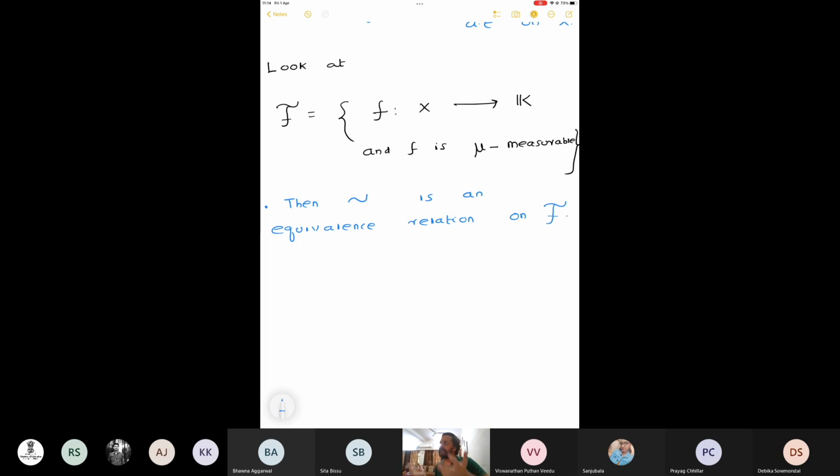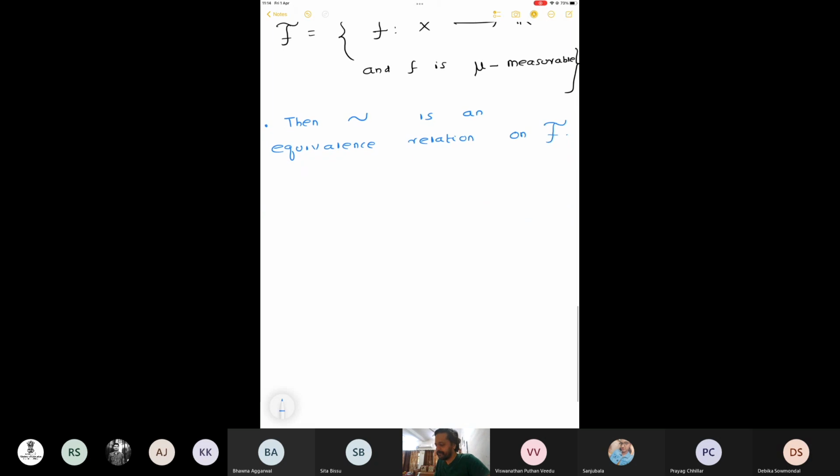Now comes the routine things. Once you have an equivalence relation, what can you talk about? You can talk about equivalence classes, and equivalence classes form a partition and so on. Okay.